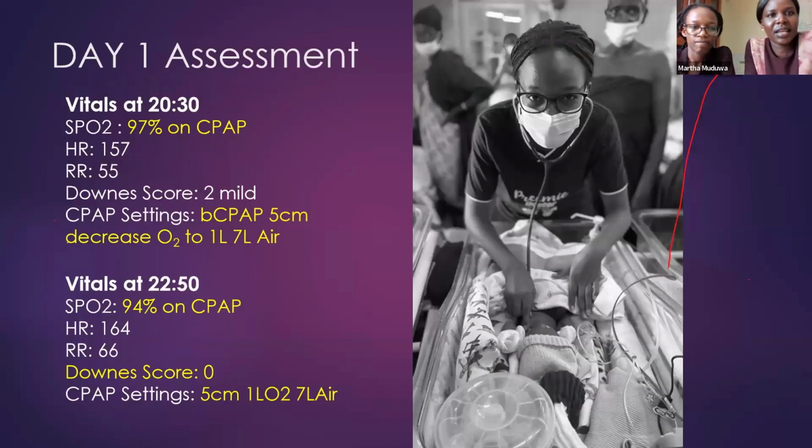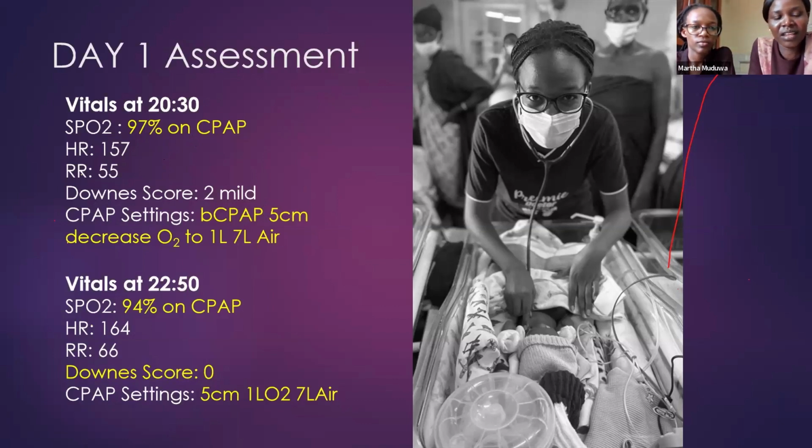Day one, still the assessment was done. Mainly the vital observations were taken at 8:30. So actually, when you look at those vital observations, our baby was improving. The SpO2 was at 97, heart rate was okay.